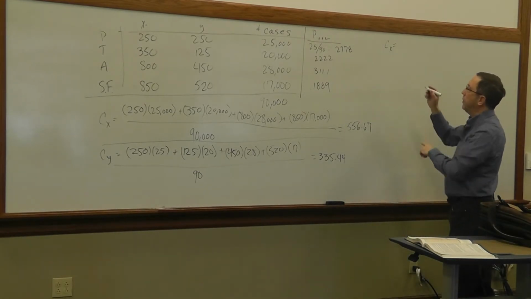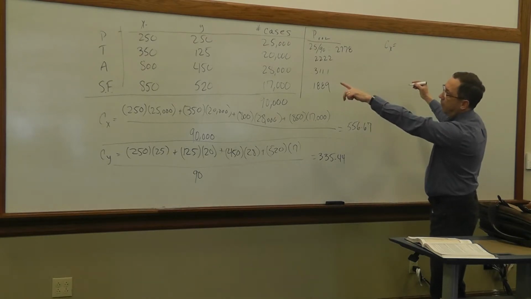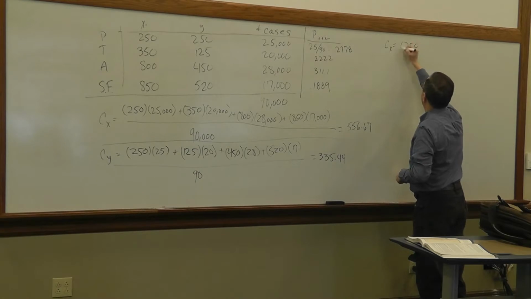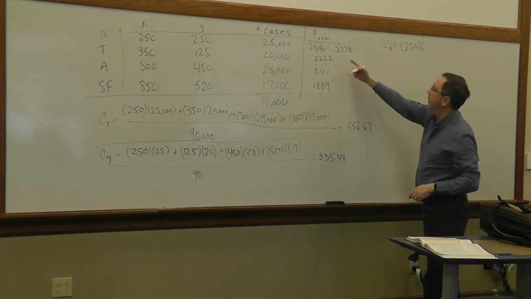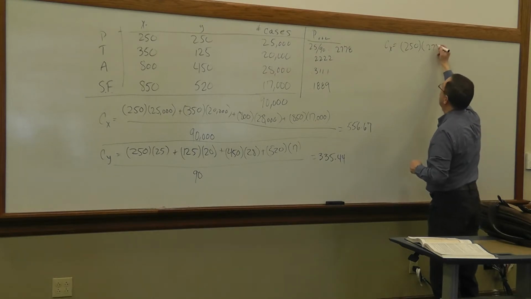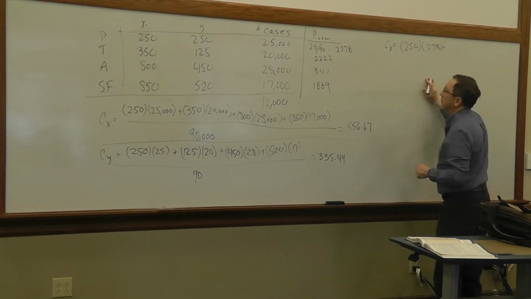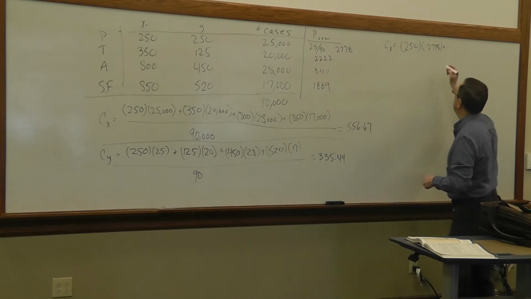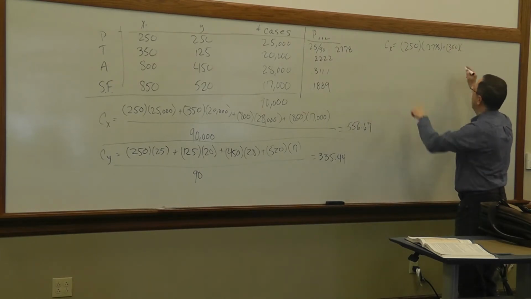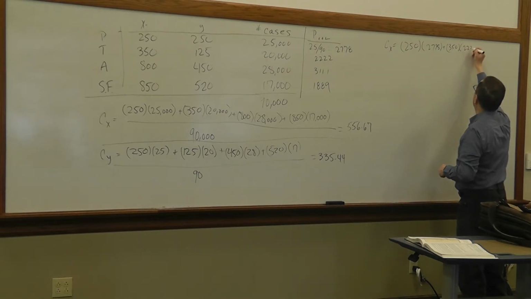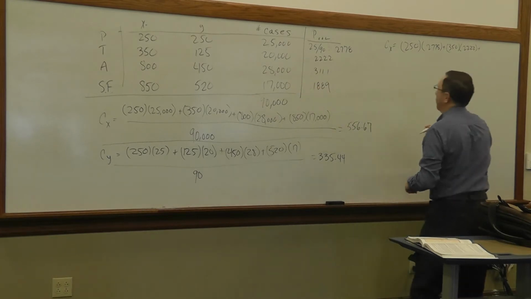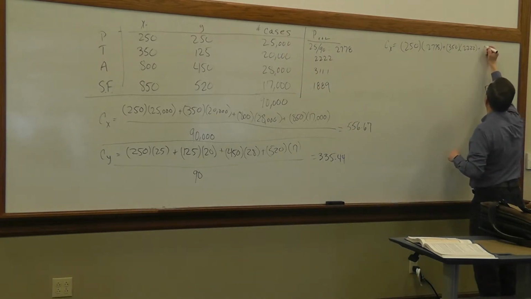C sub x would then be 250, that's the x coordinate for Phoenix. And that x coordinate gets 27.78% of the weight, 0.2778. Add to that 350, the x coordinate for the next one, times 0.2222, and so on. 800 times 0.3111.